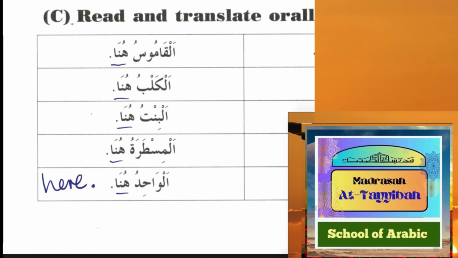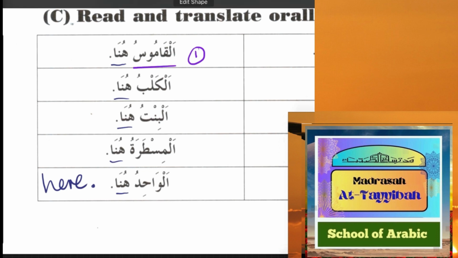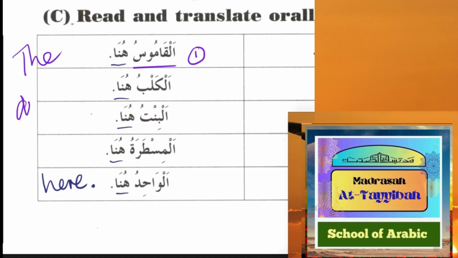So let's look at number 1. واحد. القاموس هنا. القاموس, the dictionary. The dictionary is here.